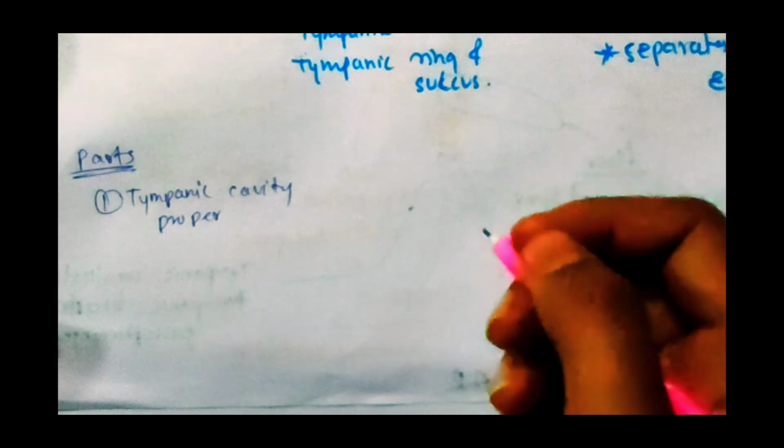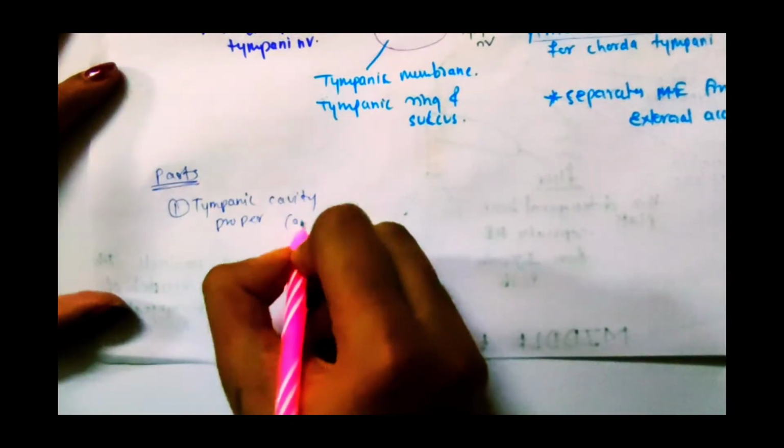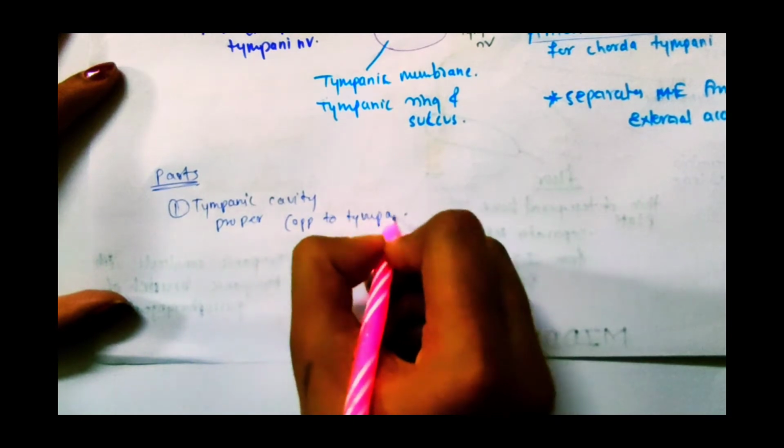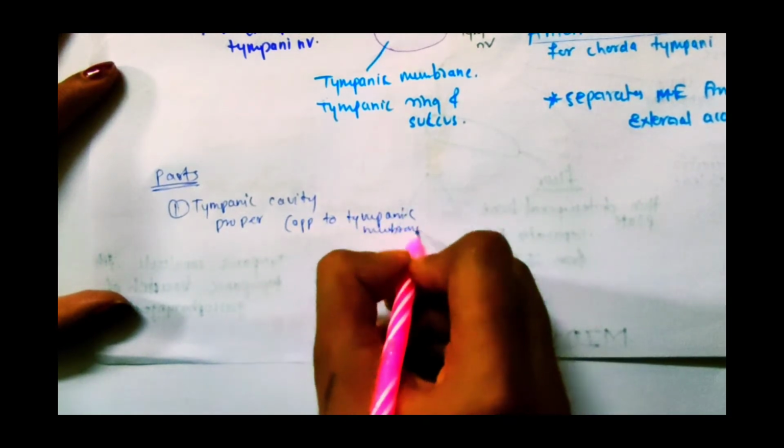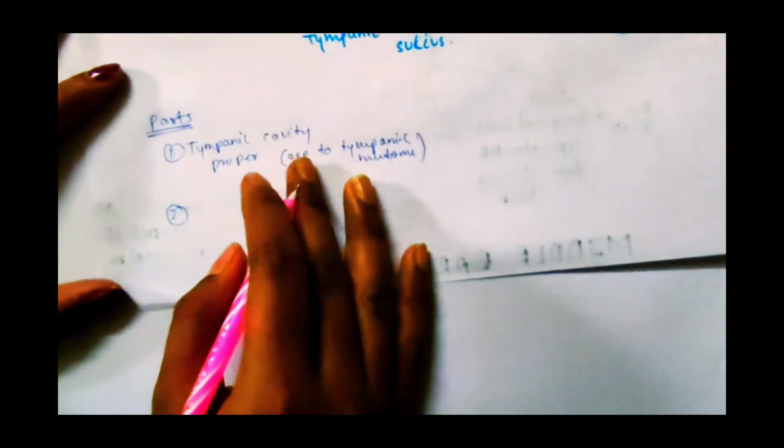First is the tympanic cavity proper, which is opposite to the tympanic membrane. And second is the epitympanic recess, which lies above the level of the tympanic membrane.